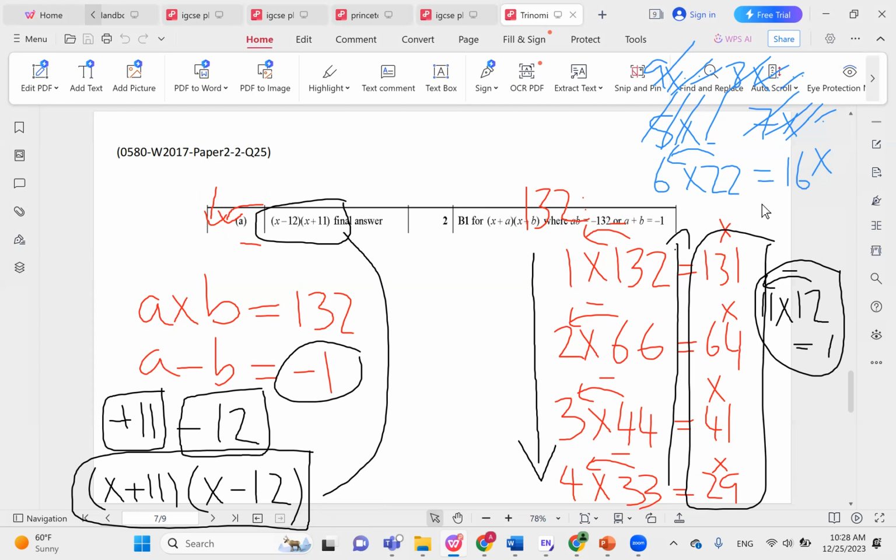The problem would be x plus 12 and x minus 11. This would be an incorrect answer because the sign of 12 has to be negative and the sign of 11 has to be positive. But the sequence of the brackets themselves is perfectly fine, regardless of whether you start with x plus 11 or x minus 12.